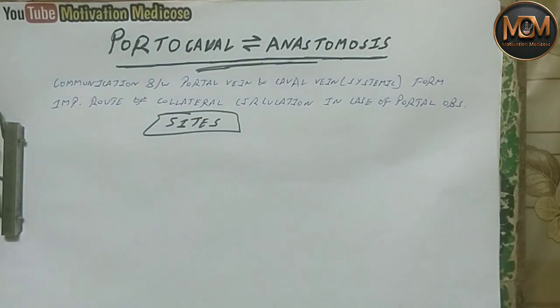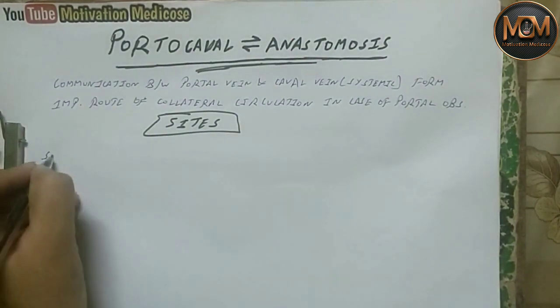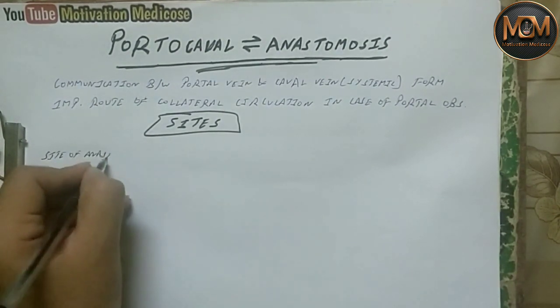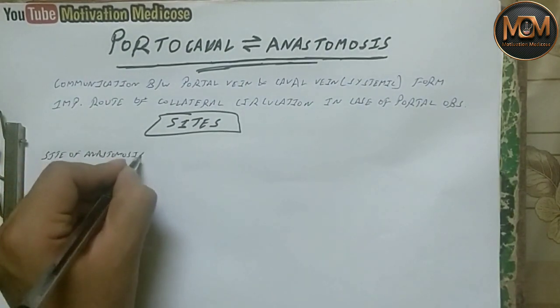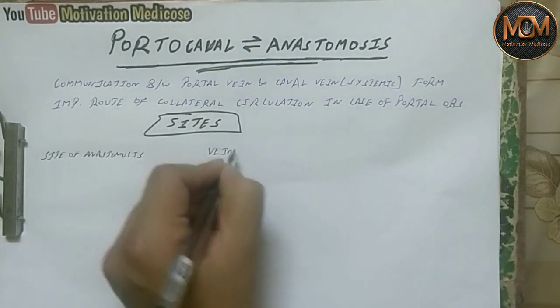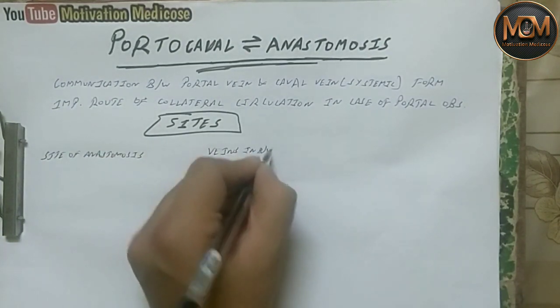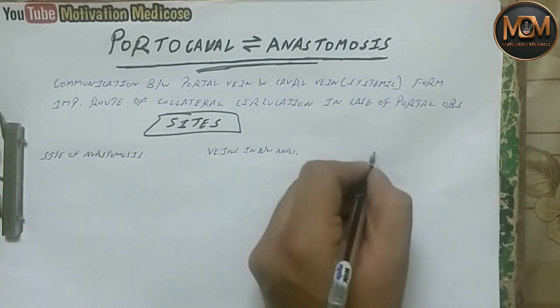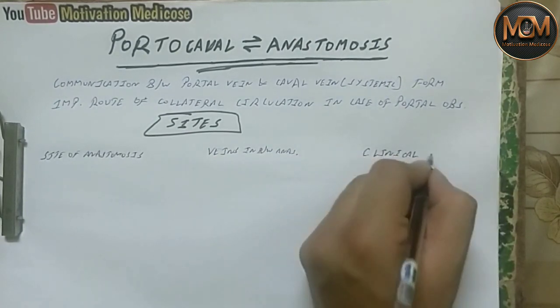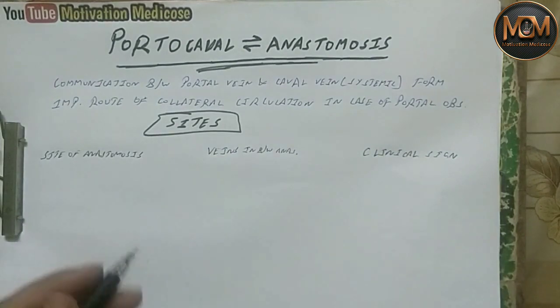For that we will make a table, and we will write the site of anastomosis, then the veins that form the anastomosis, and the clinical sign. We are starting from the top of the body and will go downward.